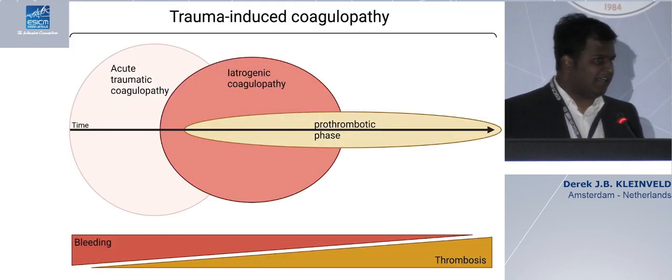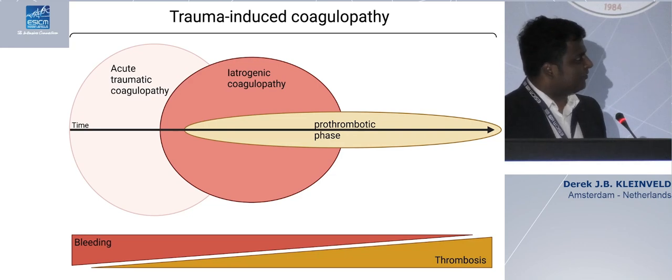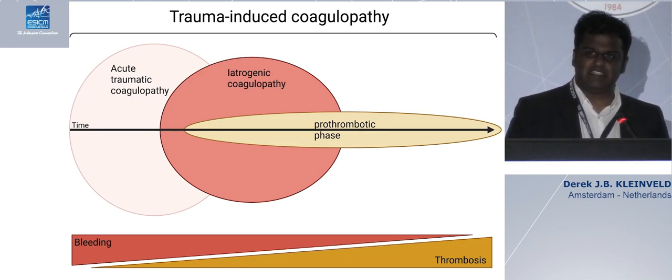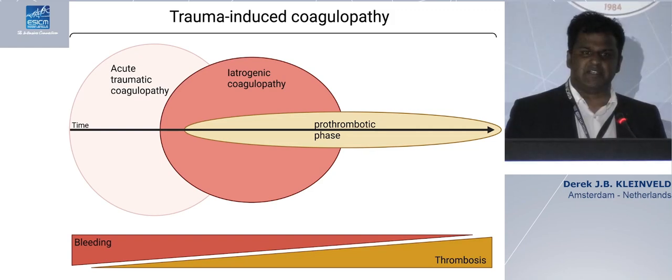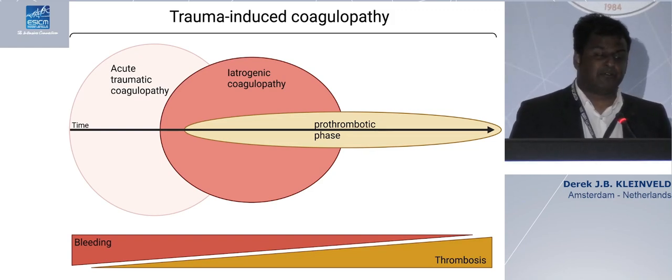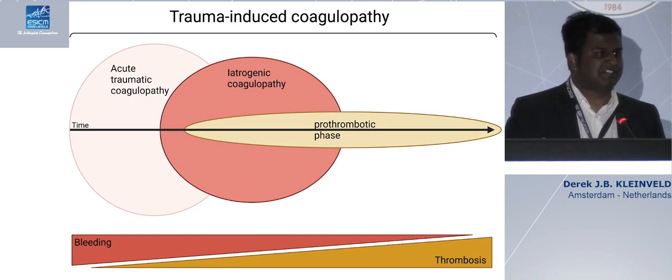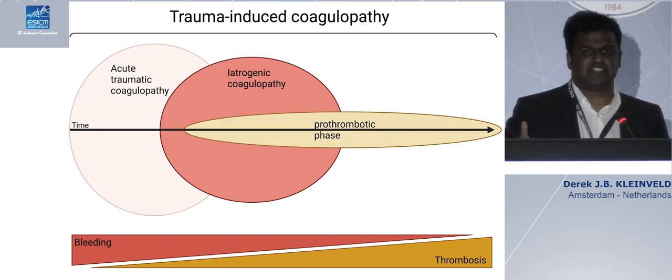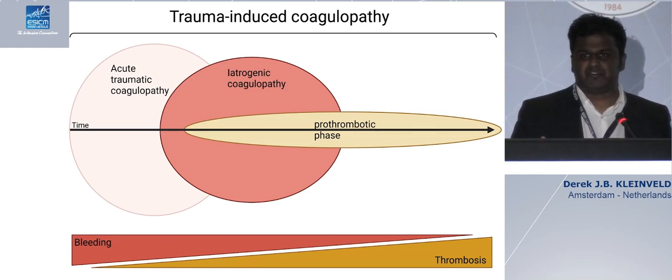To simplify trauma-induced coagulopathy for you, I've created this figure, and it tells you that you have your acute traumatic coagulopathy, which is an endogenous response to injury and shock. Later on, when we try to resuscitate those patients, this acute traumatic coagulopathy transitions into a more iatrogenic or resuscitation coagulopathy.